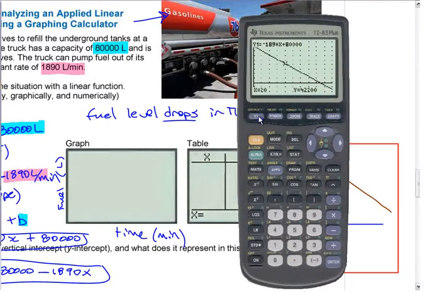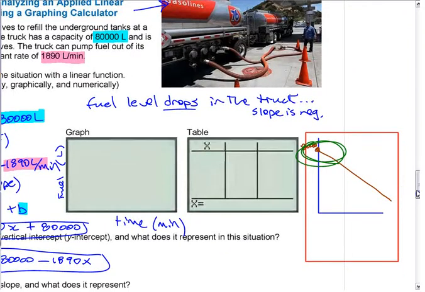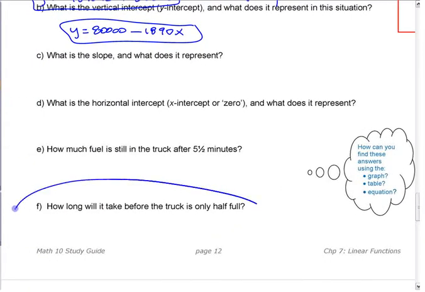If you want to do the opposite, if you want to put in a y value, you need to do something different. Let's say you want to know when it's going to be half full. When is the truck only half full?